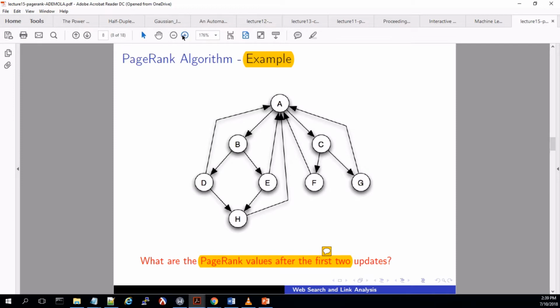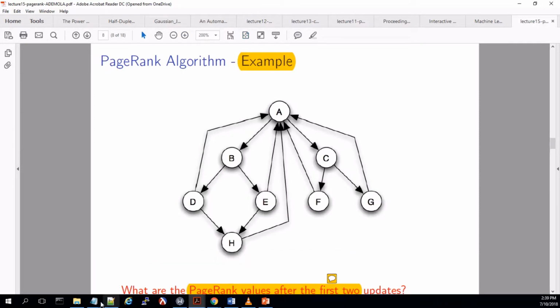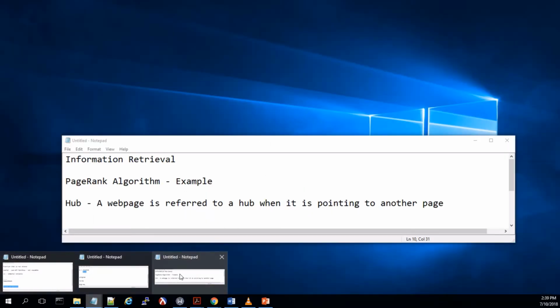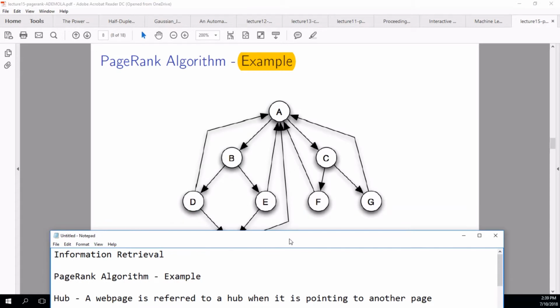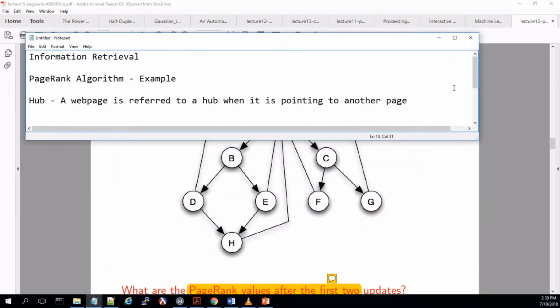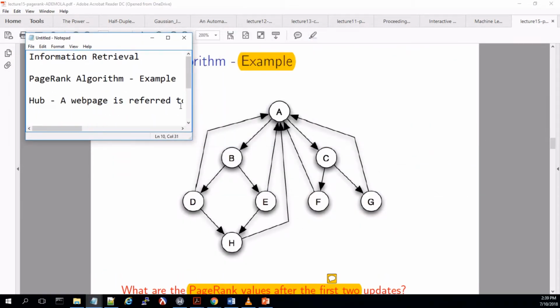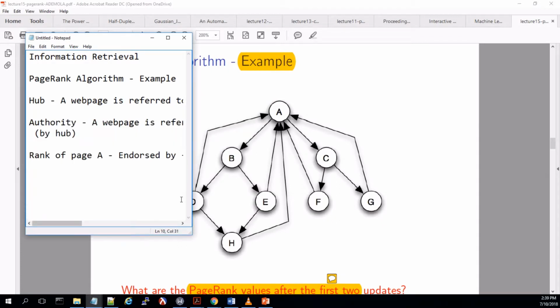Okay, so let's look here. Right, so if we check here, you will see that A is being endorsed by, what are the arrows that are pointing to our A?